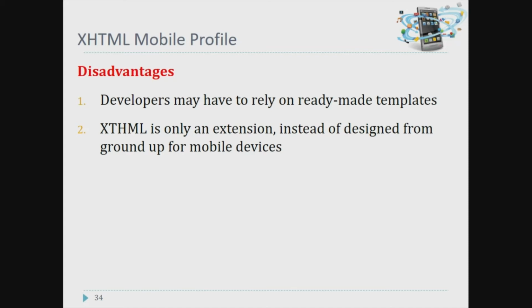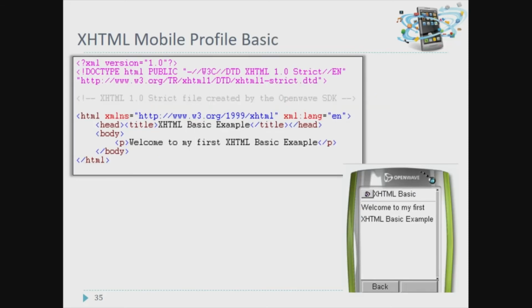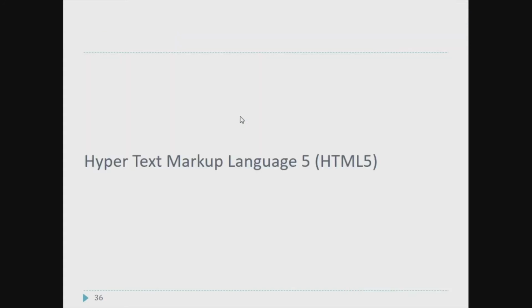It means that we did not develop it specifically for mobile devices. Okay, a basic example. We use HTML, similar to the web, we have head, we have body, so it will display like this using the browsers.